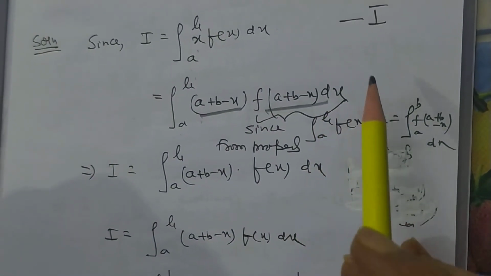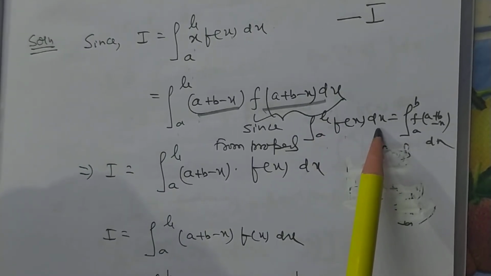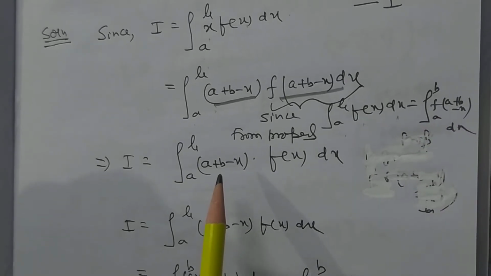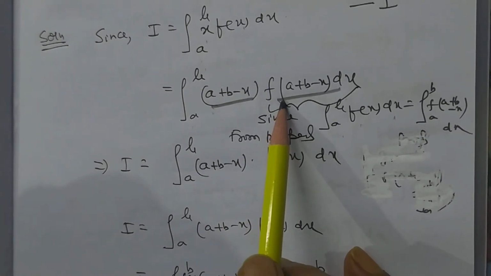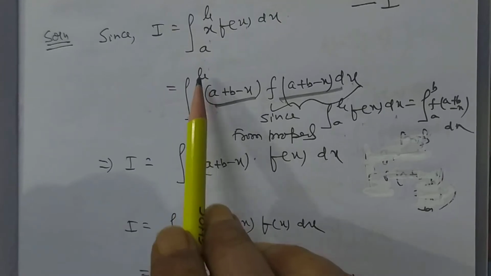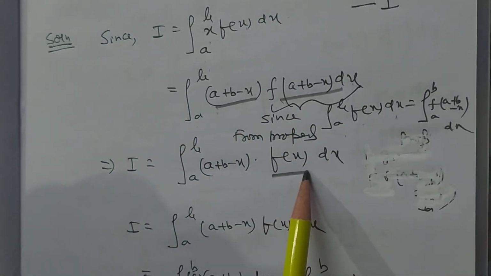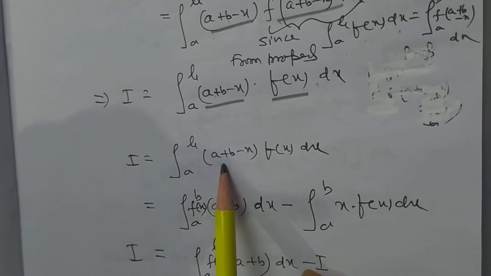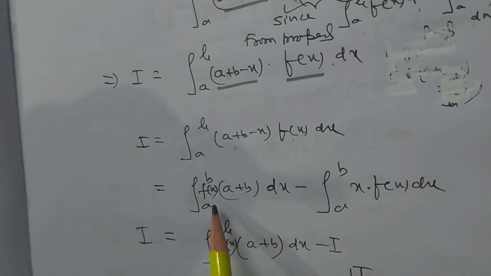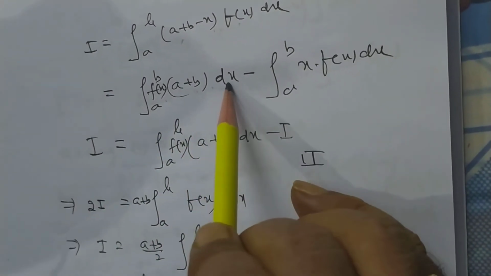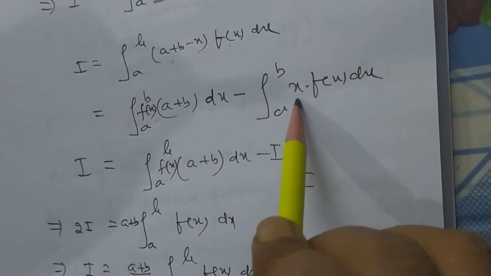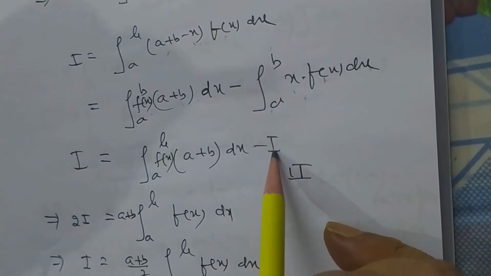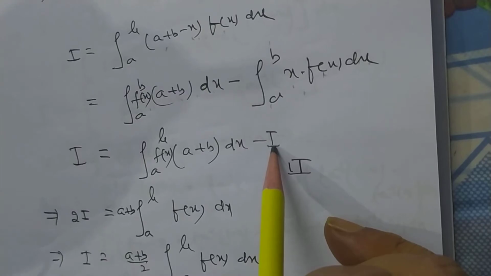Since the integral from a to b of f(x) dx is equal to the integral from a to b of f(a plus b minus x), and f(a plus b minus x) is equal to f(x), multiplying both sides by (a plus b minus x) we have (a plus b minus x) f(x) dx, which is f(x) times (a plus b) dx minus x f(x) dx.